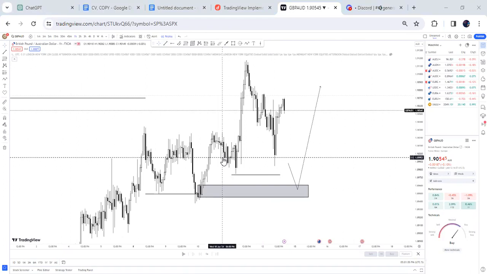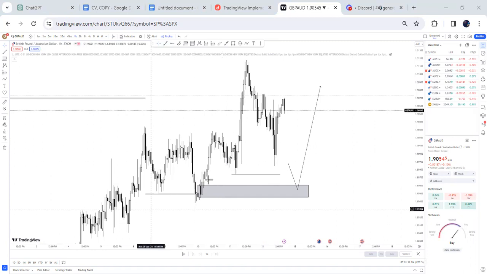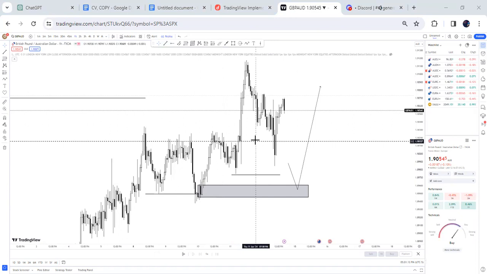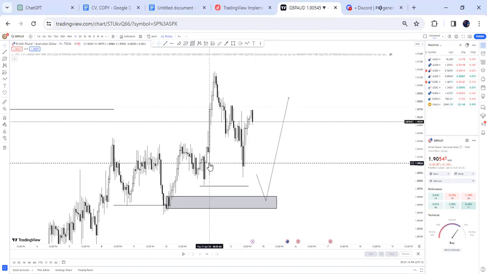Do you get the point now? We are looking at order flow. You get the point now?